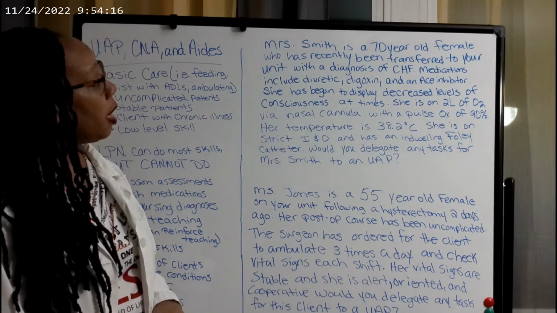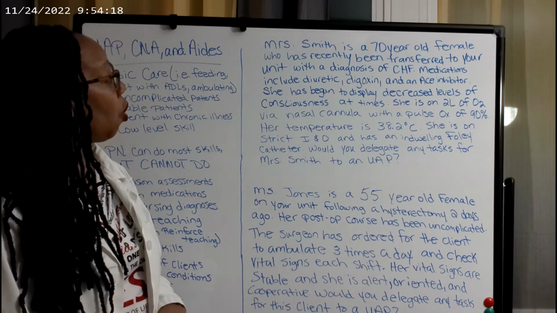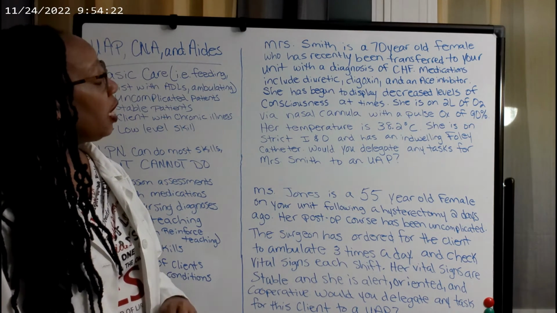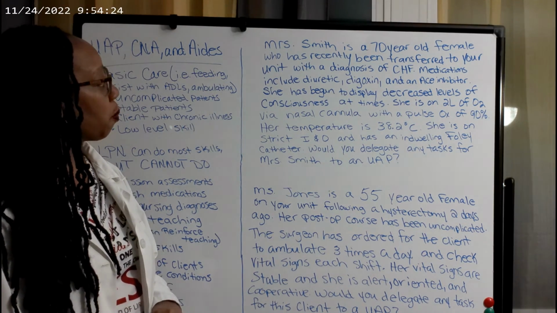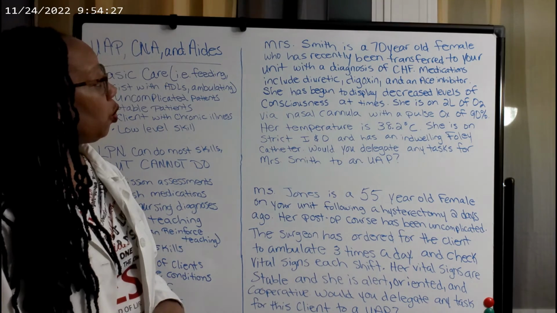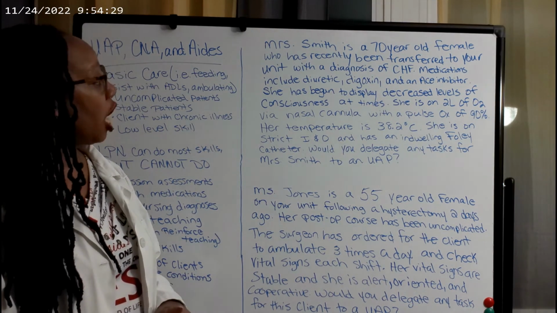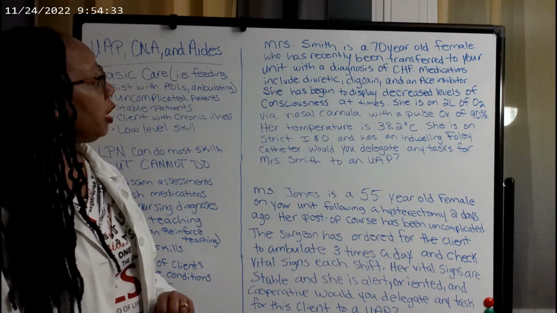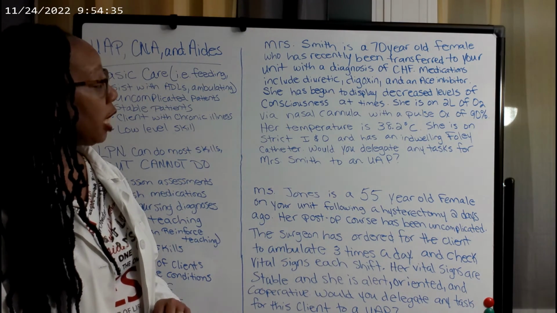Mrs. Smith is a 70-year-old female who has recently been transferred to your unit with a diagnosis of congestive heart failure. Medications include diuretic, digoxin, and an ACE inhibitor. She has begun to display decreased levels of consciousness at times.